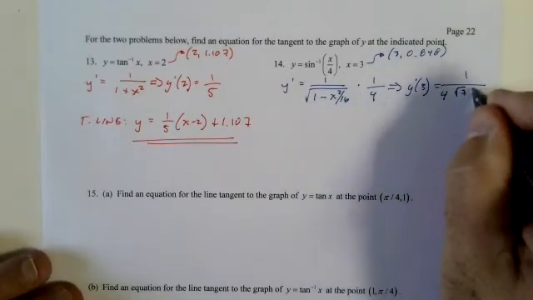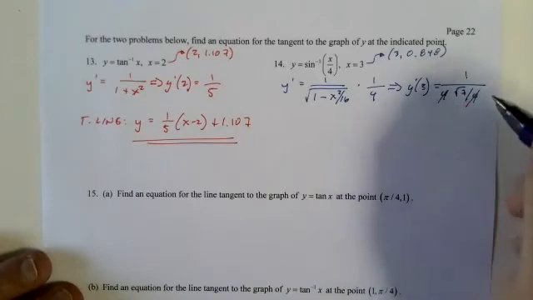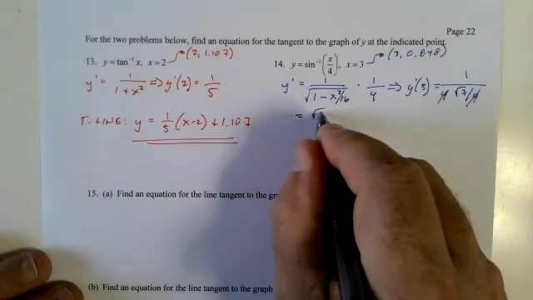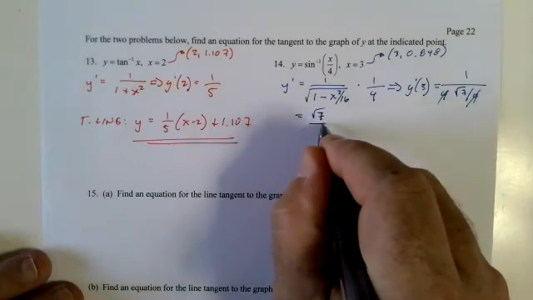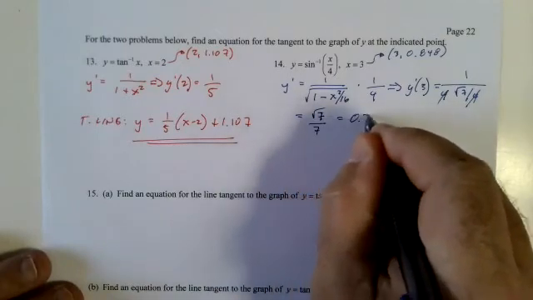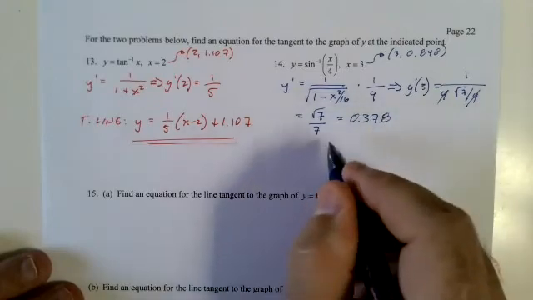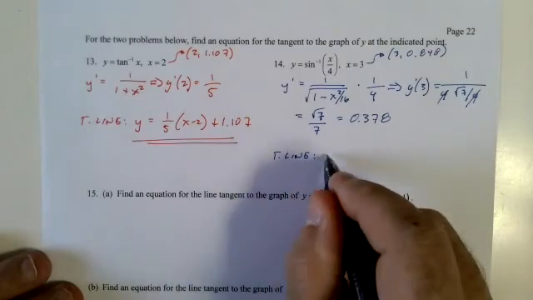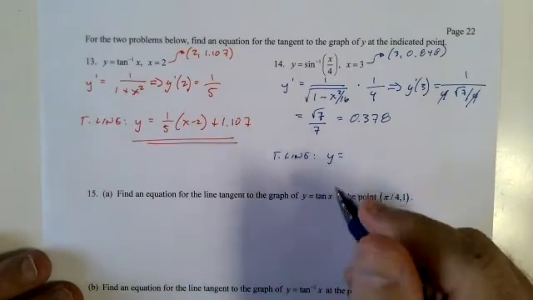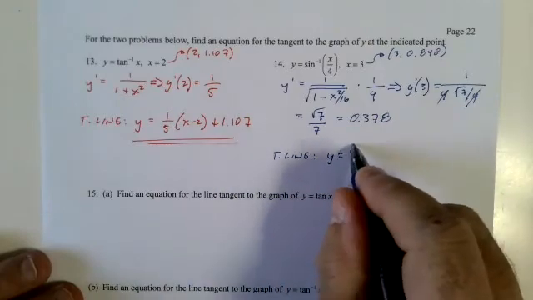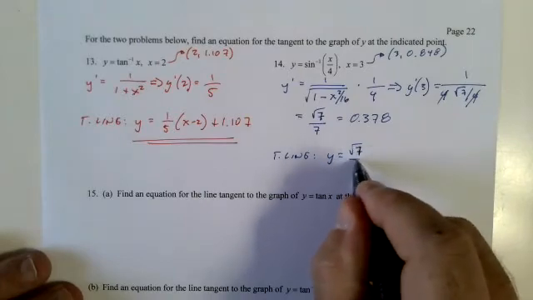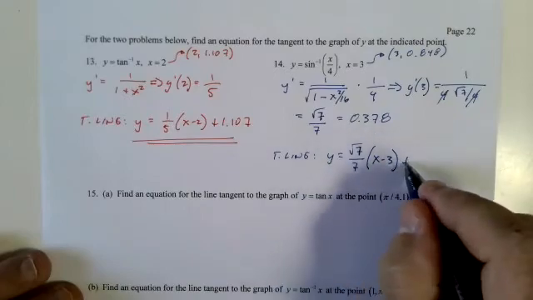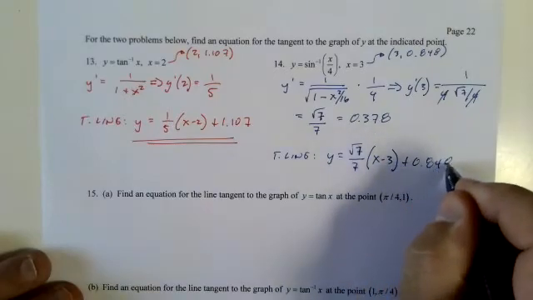Root 7 over 4 times 1/4 equals root 7 over 7, equals 0.378. Whatever you want to do. Tangent line: y equals, I'm going to leave it as root 7 over 7, times x minus 3, plus 0.848.